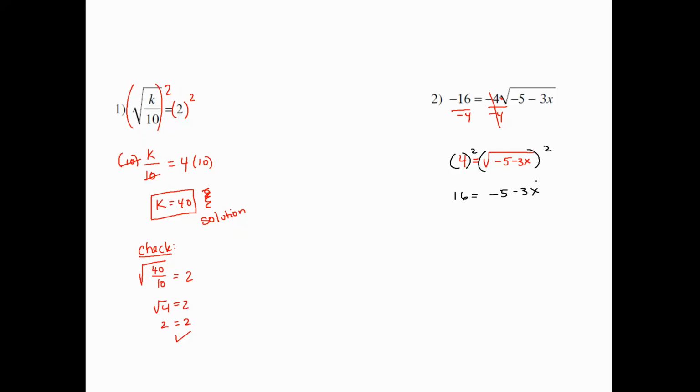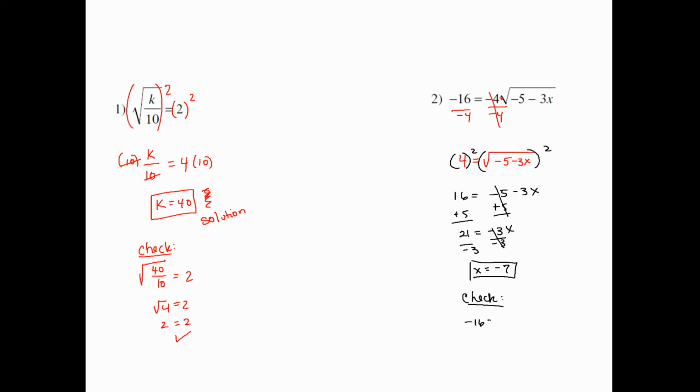Now we're on a mission to solve for x. We add 5 to both sides. We get 21 equals negative 3x. Divided by negative 3, we get that x equals negative 7. And now we're going to plug it in and see if this one is really a solution.